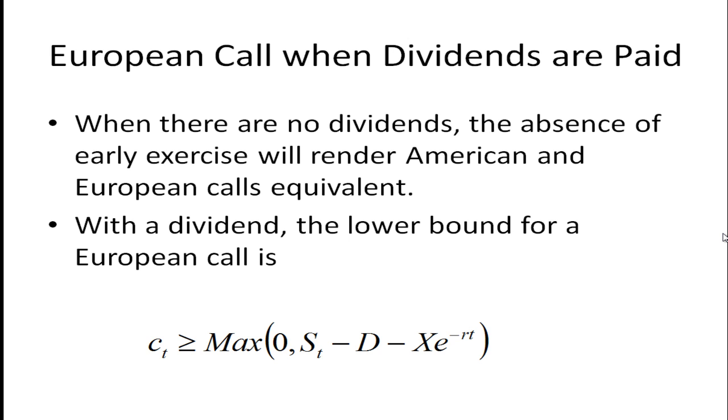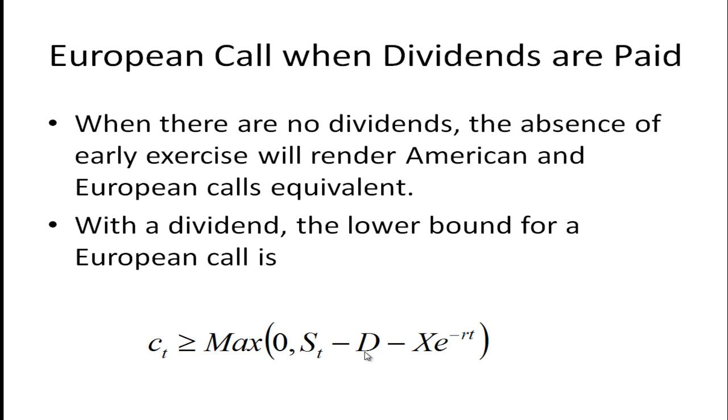If a dividend is paid, then for the European call, it's going to be the maximum of 0 again, and then this time, instead of just the stock price minus the present value of the exercise price, this is just continuous time present value. I'm not sure why I switched from discrete time to continuous time, but this is the same as the continuous time version of X divided by 1 plus r raised to the tth power, minus the dividend.